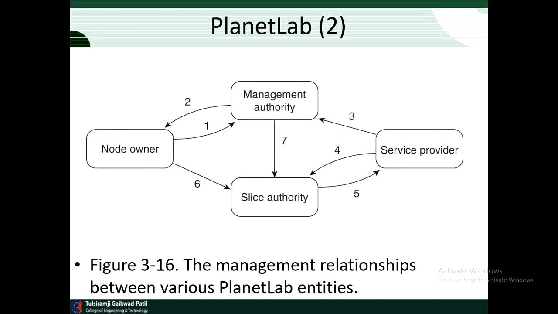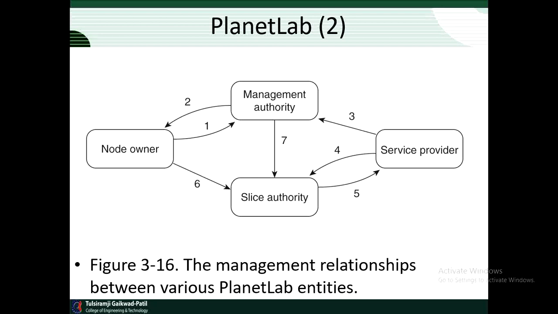Then we will see the management of relationships between various PlanetLab entities. In this diagram we can see that the node owner, management authority, slice authority, and service provider are shown, and there are links among them to show their relationships.